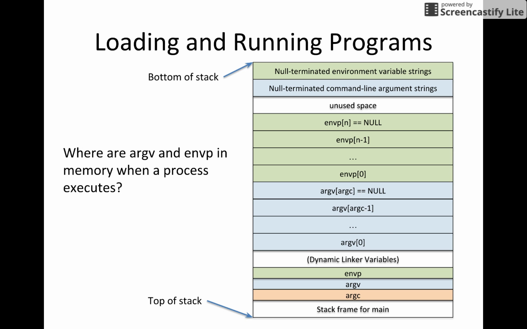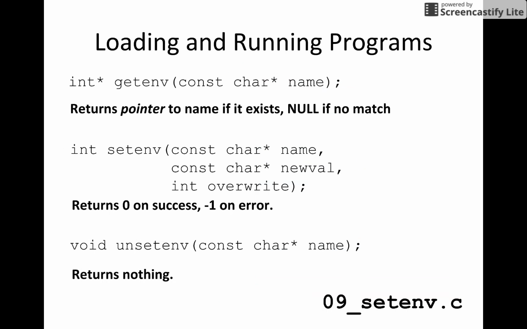Of course, this is really just looking at the stack. We don't see a picture of the code or the heap in this picture. So how do we actually access environment variables? It's fairly straightforward. We can use the function called getEnv, which will return a pointer if the name exists for that environment variable.